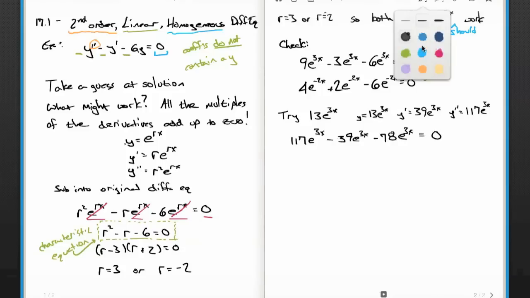That checks out too. So really, I'll talk about this later, but any multiple of a function that works will work for a homogeneous differential equation.